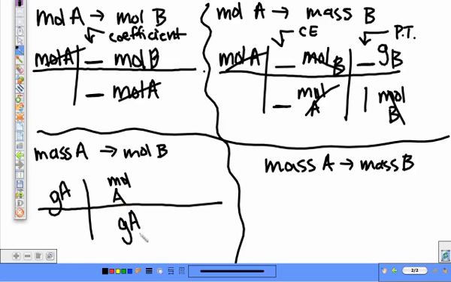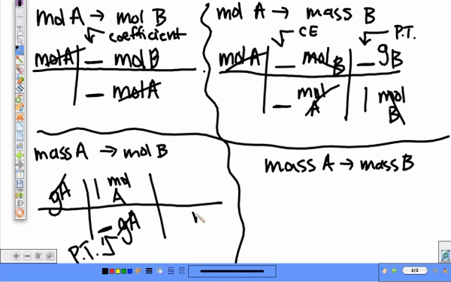Sometimes people will put grams of A on the bottom, but then they'll put moles of B on top. When you're going grams to moles, you have to stay with the same compound. You can't switch compounds with this conversion factor. So it's 1 mole, and the mass comes from the periodic table. So grams cancel out.